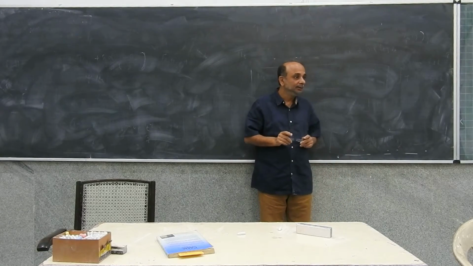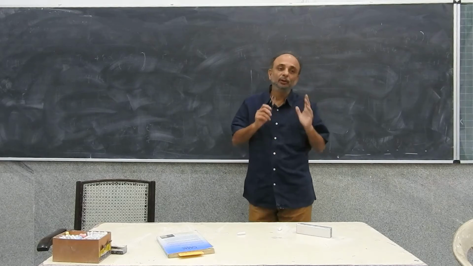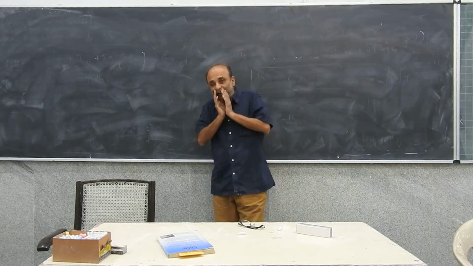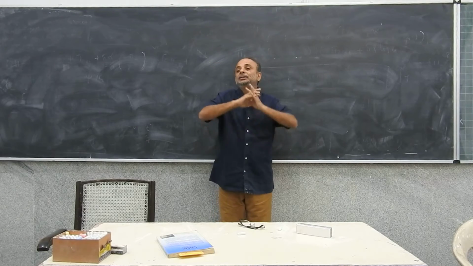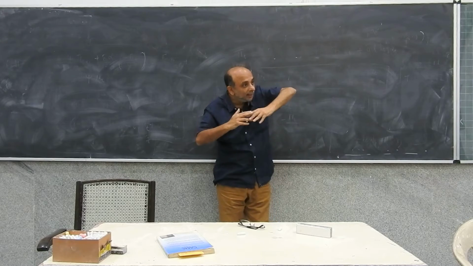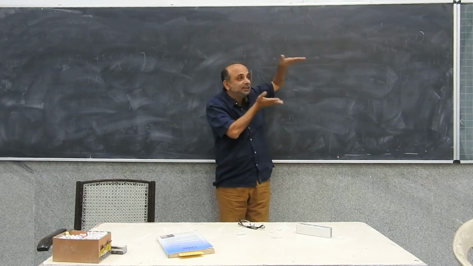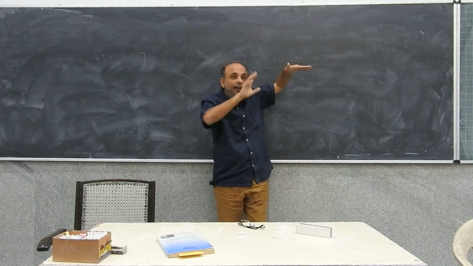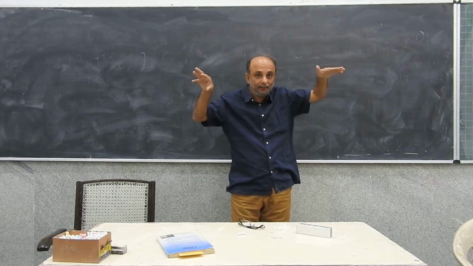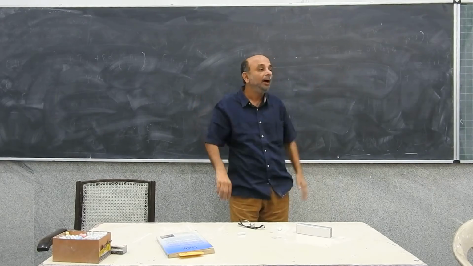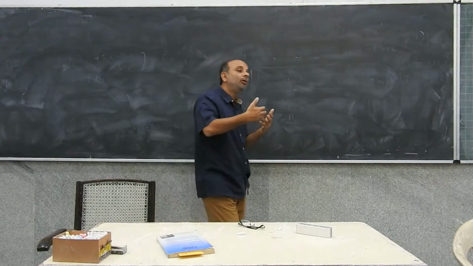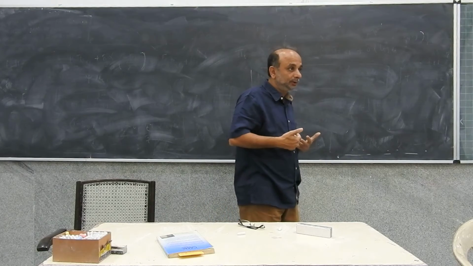Is that clear? So what we are really going to do today is this: in the last class, we studied a Bayesian Nash equilibrium, which was a generalization of the static Nash equilibrium idea to games with incomplete information. Now we need to do the same thing to games which involve sequential moves.